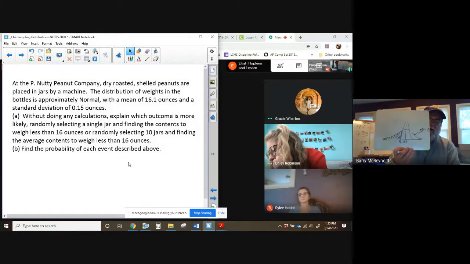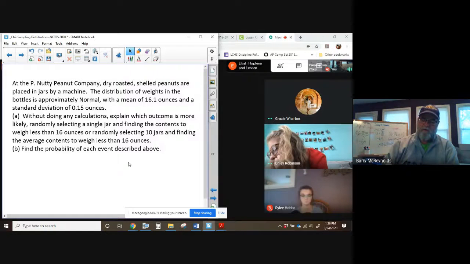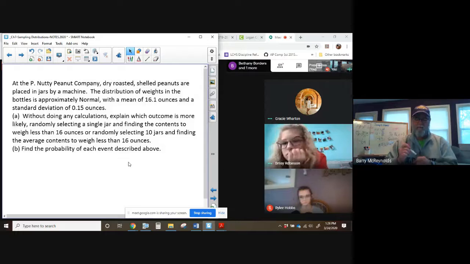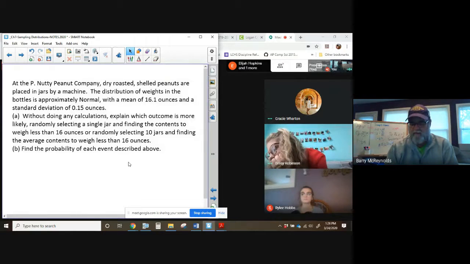It is so much smaller than the piece of the curve to the left of the 16 ounces for the population distribution. So we would expect, because of that lower variability, that we're more likely to find one jar less than 16 ounces than we are the average of the jars.